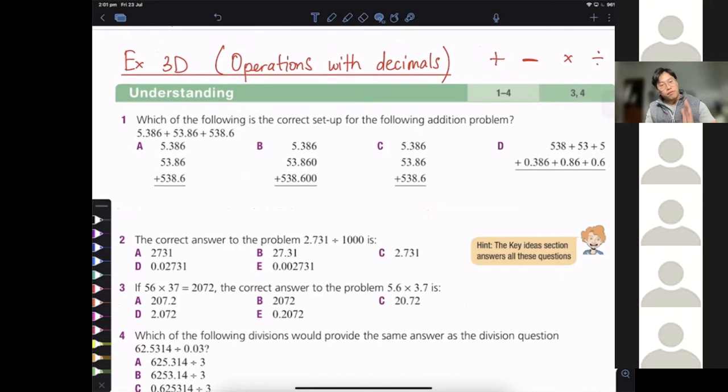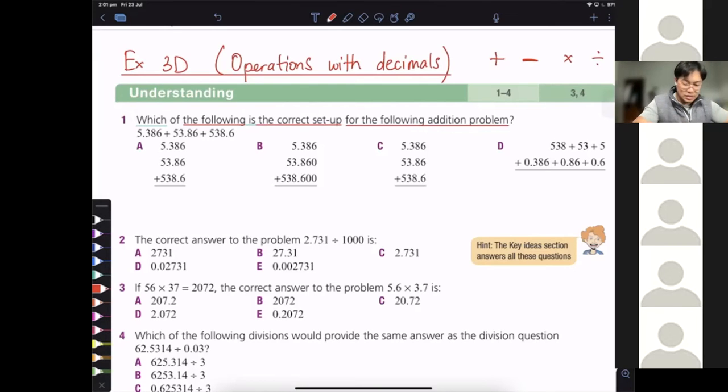So here it says, which of the following is the correct setup for the following addition problem? So which of them is the correct setup?